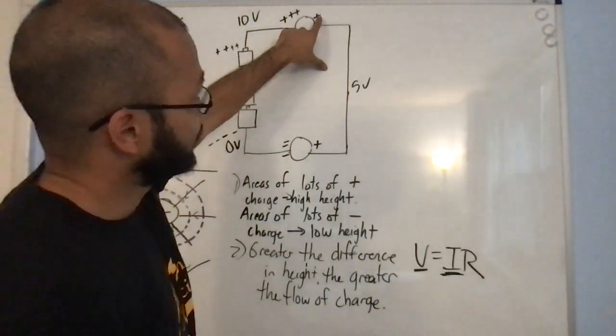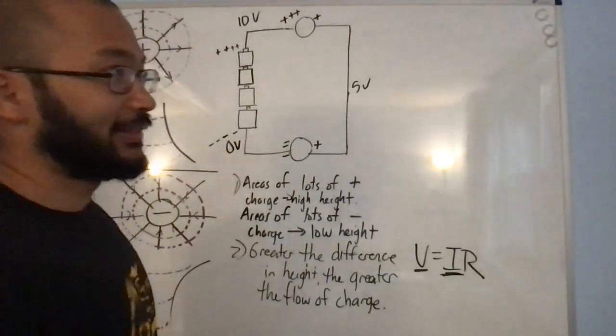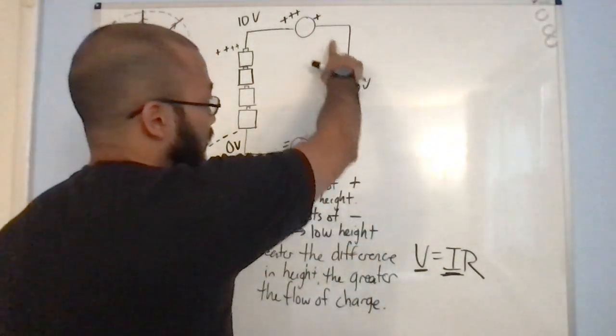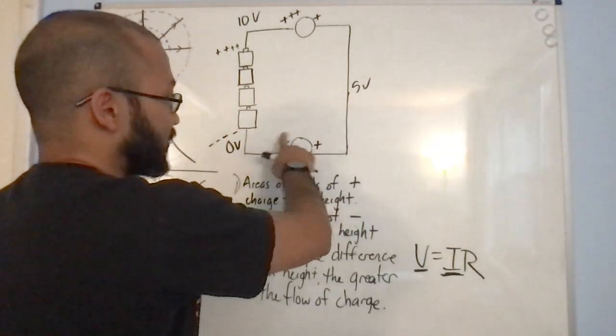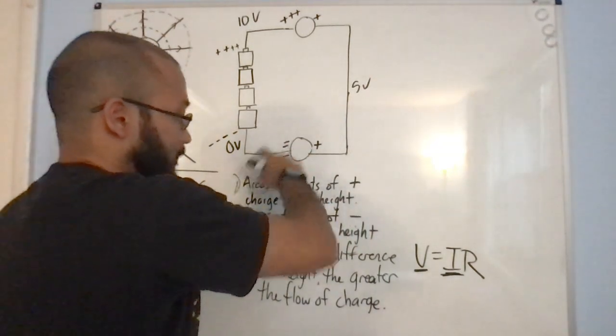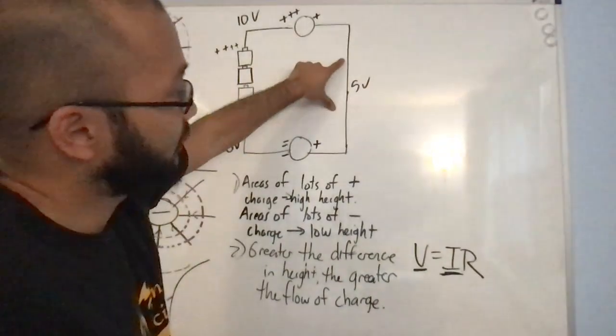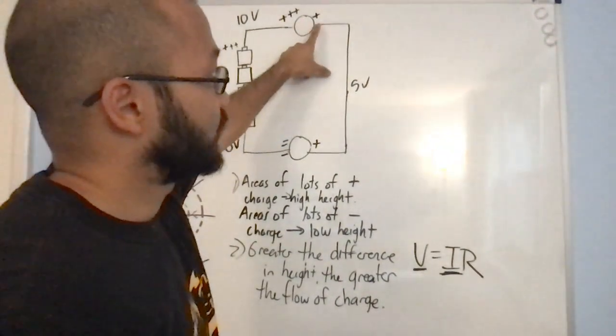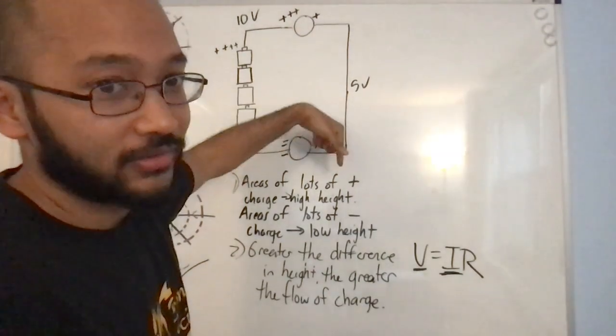So over here, they're at the same height. It's not to say that charges aren't flowing here, but there's a lot of charge flow over here. We basically imagine that wires have no resistance. So this is almost like a superconducting highway.